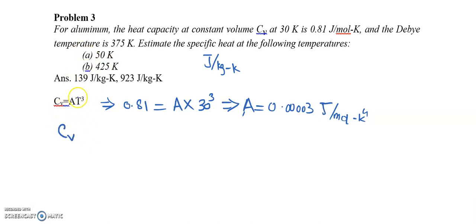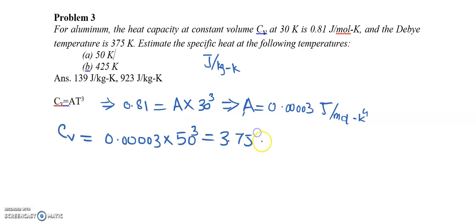This equation is applicable when the given temperature is less than the Debye temperature. So it is 0.00003 multiplied by 50 Kelvin to the power 3, which will be 3.75 joule per mole Kelvin.